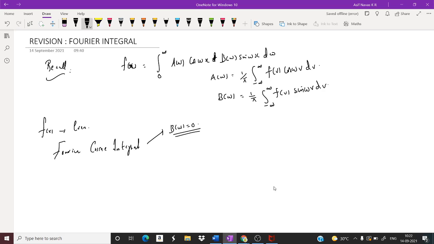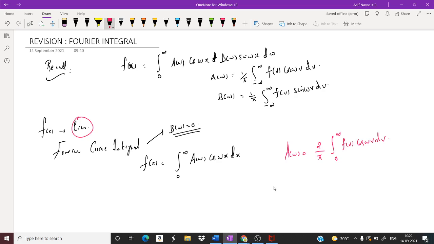So what is the Fourier cosine integral? f of x can be written as integral 0 to infinity a of omega cos omega x d omega, and since the function is even, a of omega is equal to 2 by pi integral 0 to infinity f of v cos omega v dv.